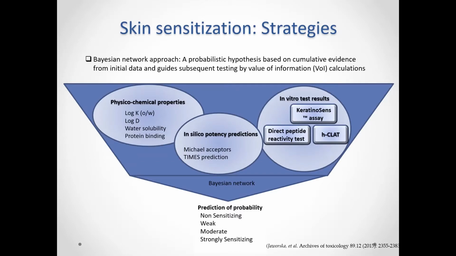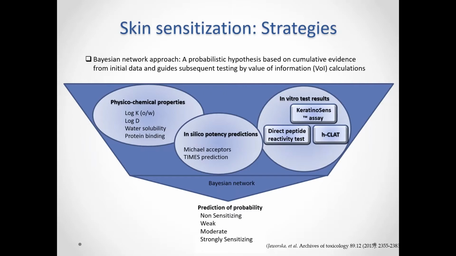This approach was first described and explored by Joanna Jaworska in a paper in 2015. The approach consists of a combination of inputs coming from physicochemical properties, in silico potency prediction, and the 3 in vitro test results. A Bayesian network is formed, which leads to a prediction of the probability of whether something is a non-sensitizer, weak sensitizer, moderate, or strong sensitizer.